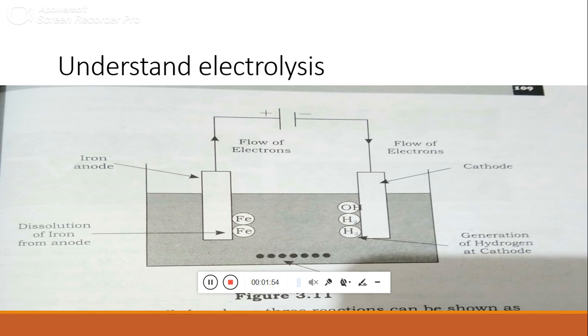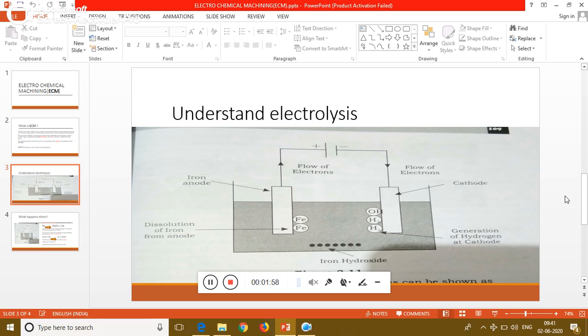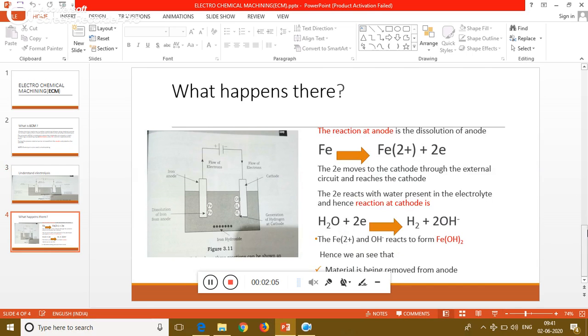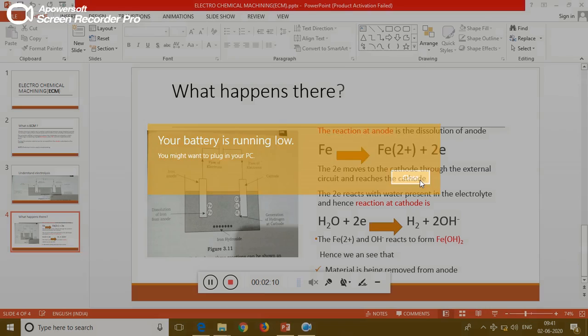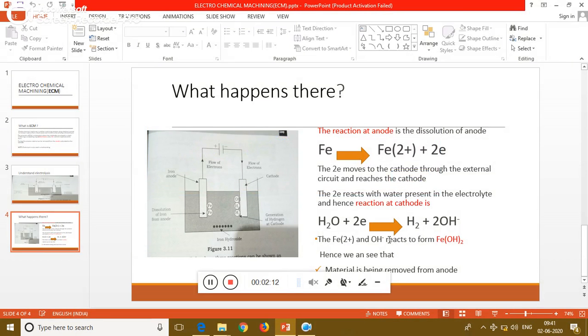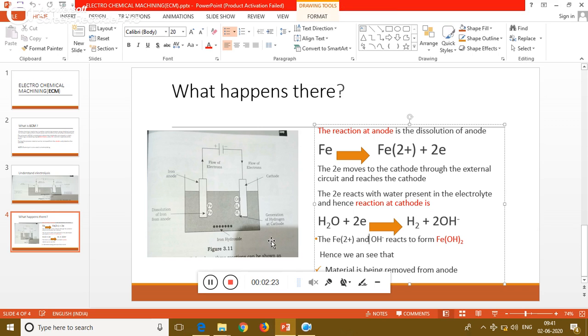See, these Fe2+ ions and the OH- ions react to form Fe(OH)2. See, this Fe(OH)2 is formed. So ferrous hydroxide is formed, and you can see here the black dots, the ferrous hydroxide.